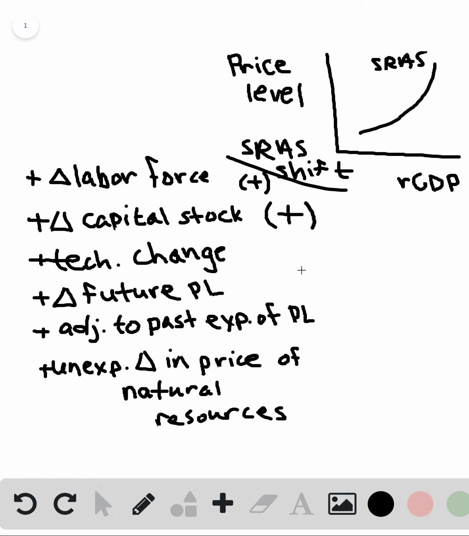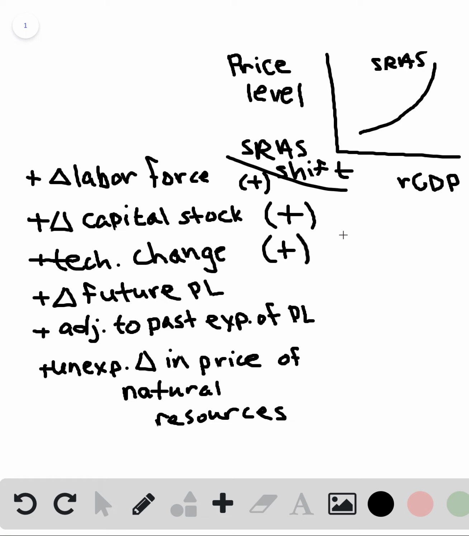If there's a positive technical change, where let's say there is a new operating system for computers and a company is able to work faster on the new operating system, which is a positive technical change, their short-run aggregate supply curve will also have a rightward shift. If there is a positive change in the expectation of future price level, which means that we expect future price levels to be higher or to increase, that means that the price of inputs will increase.